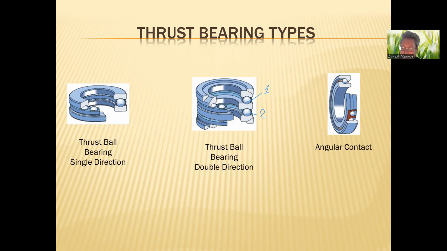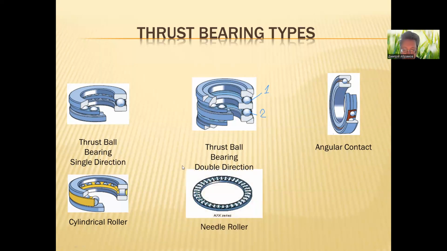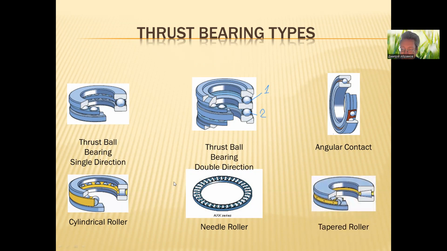Angular contact. Cylindrical roller. There are no balls, only cylindrical roller. Needle roller. And tapered roller.